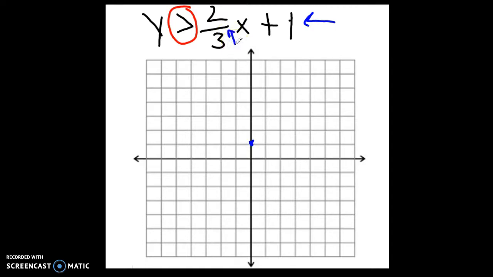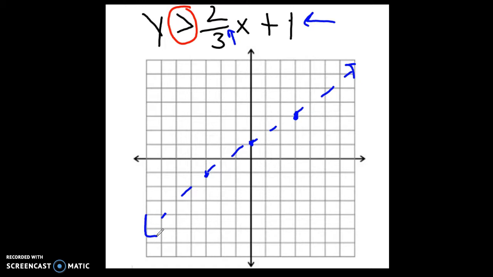So the rise is 2, and the run is 3. And so since we have a greater than sign, we're going to dot the line. So dot, dot, dot. And down 2, over 3. So my other point's kind of down here. So we're just going to keep dotting.